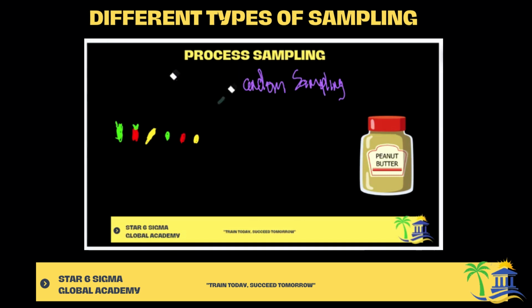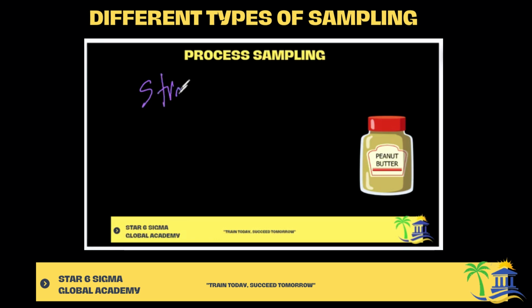The next thing that I want to talk about with you guys is something called stratified sampling. In stratified sampling, the population's broken down into non-overlapping groups, right?